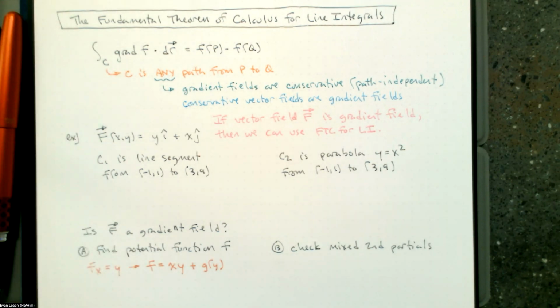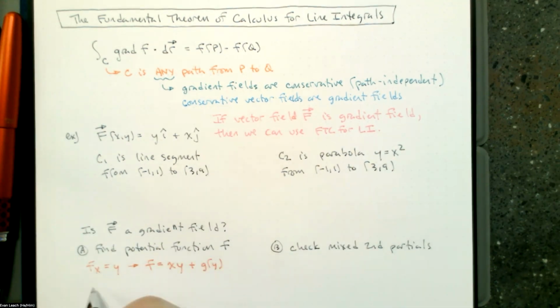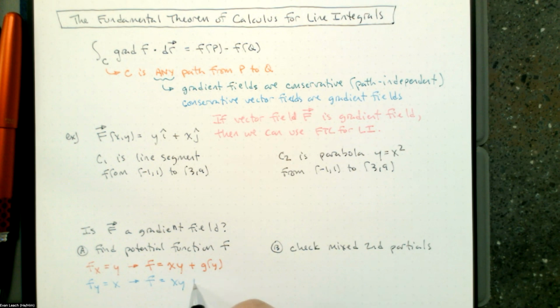Then we can look at x, the j component, and that would be the partial of f with respect to y. This would tell us that f should look like xy plus some function of x. And since I have this xy matching here, that must be what f looks like. Our g of y would look like any constant, and our h of x would look like any constant.